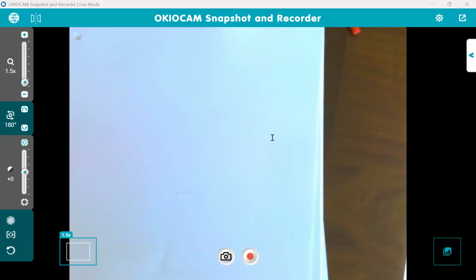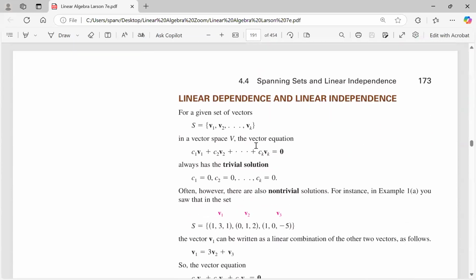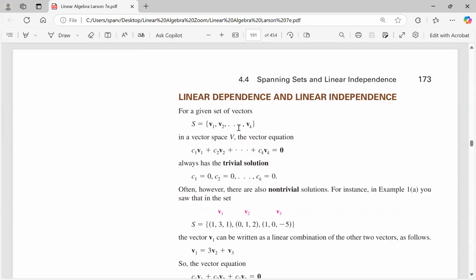And let's continue on. Now, the next idea here is linear dependence and independence. Suppose we have a finite set of vectors from the vector space V. If the linear combination of these equals the 0 vector, this is an equation, it really forms a system of equations.